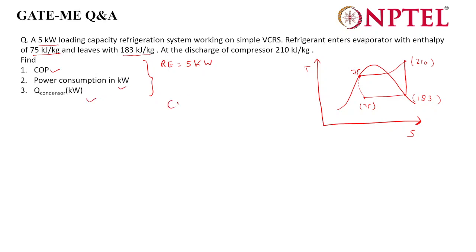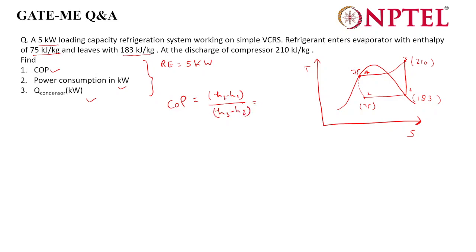So what is the COP? Can anyone tell the formula? Let's suppose this is the first point, this is the second point, this is the third point, and this is the fourth point. So in terms of enthalpy, what is the refrigeration effect here? H2 minus H1, divided by H3 minus H2.